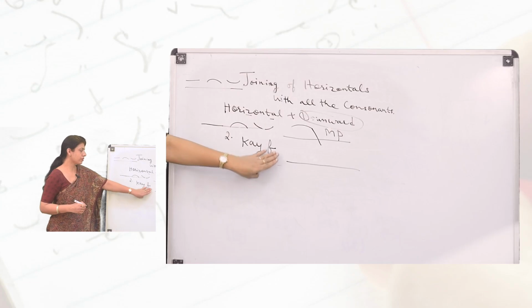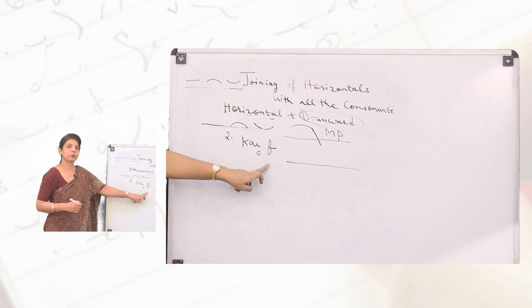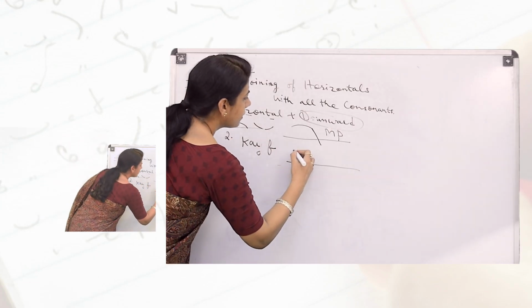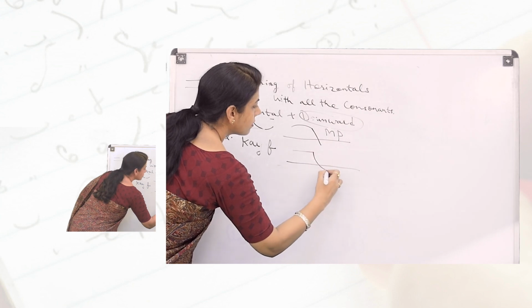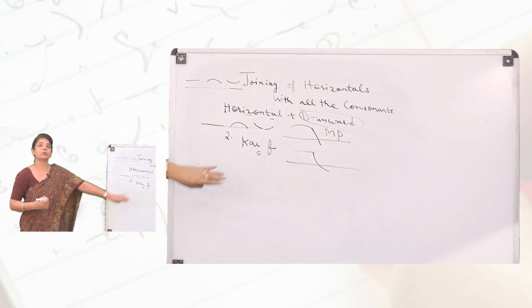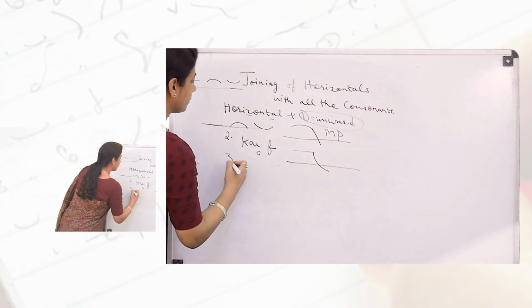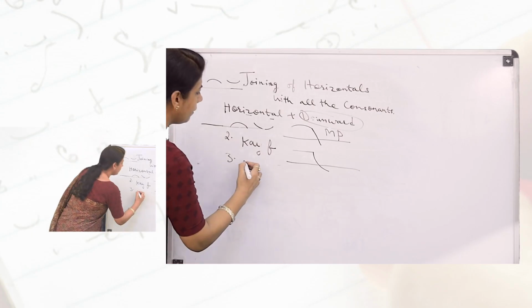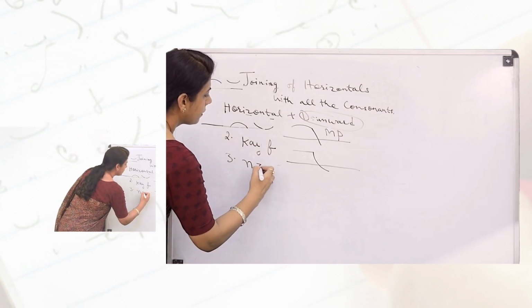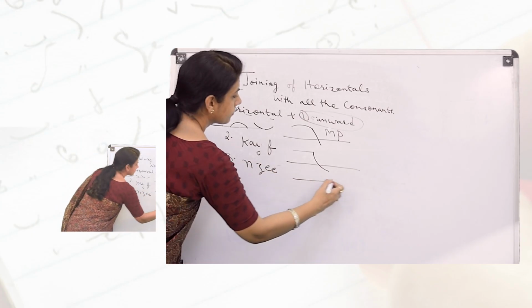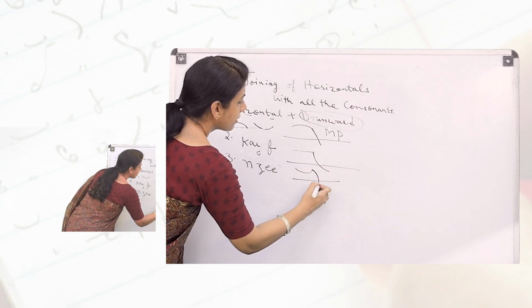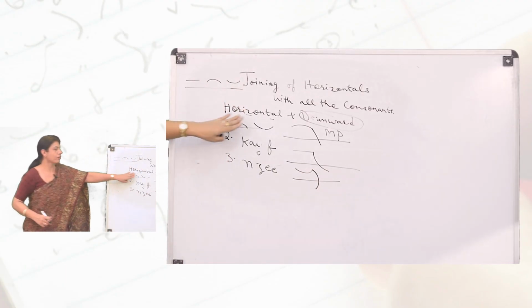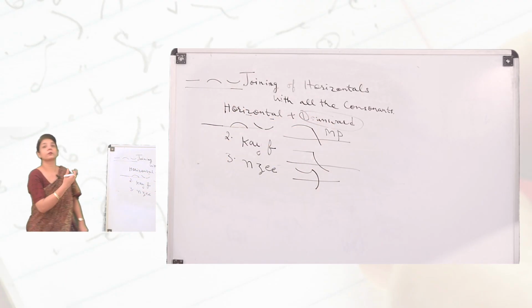What we need to see is that F should be through the line, and for that K has to go above the line so that F exactly comes through the line. One more example, N, Z. N above the line, Z through the line. So this is horizontal plus downward at third place.